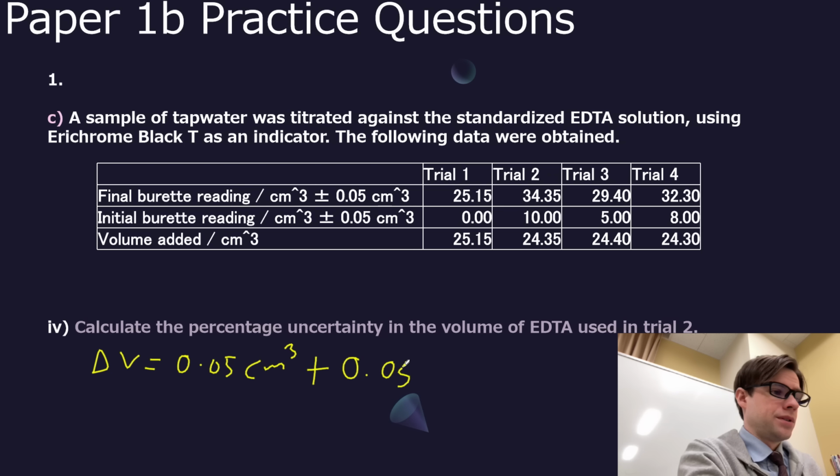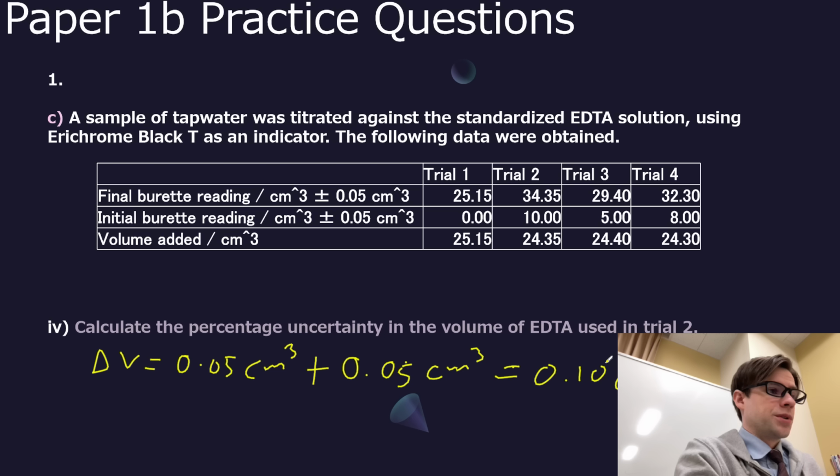So plus the other burette reading is also 0.05, so this ends up being 0.10 centimeter cubed.